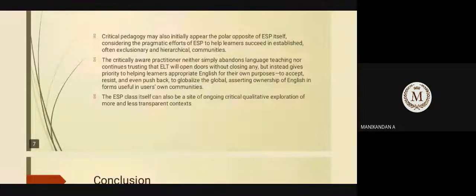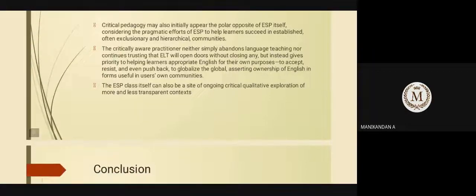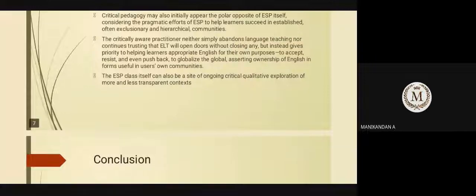Although hard to pin down, ESP does have some prominent distinguishing features on which many involved in ESP would likely agree. So needs assessment, content-based teaching methods, and content-area informed instructors have long been considered essential to the practice of specific purpose teaching.